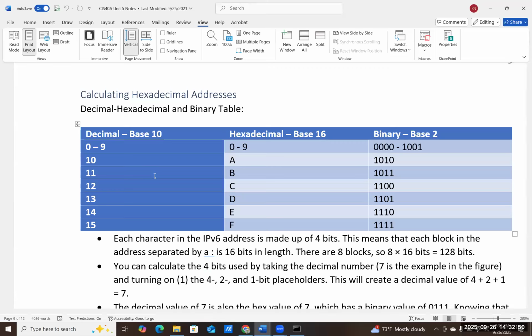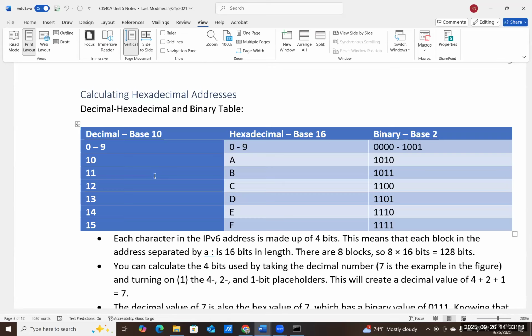Okay, so here is the table, right? Your decimal value 0 through 9 is equivalent to a hex value 0 through 9. So when I say a 0 in hex, that's a 0 in decimal, and that's also a 0 in binary. But after 9, when we count to 10, 10 is equivalent to the letter A, right?